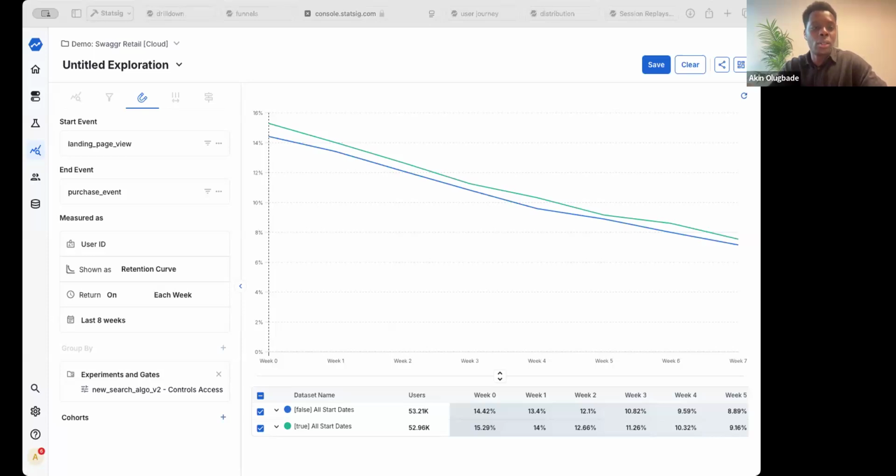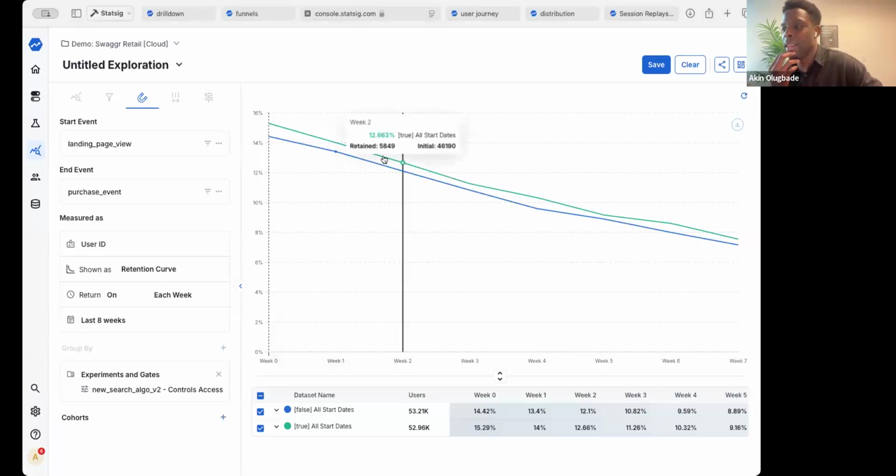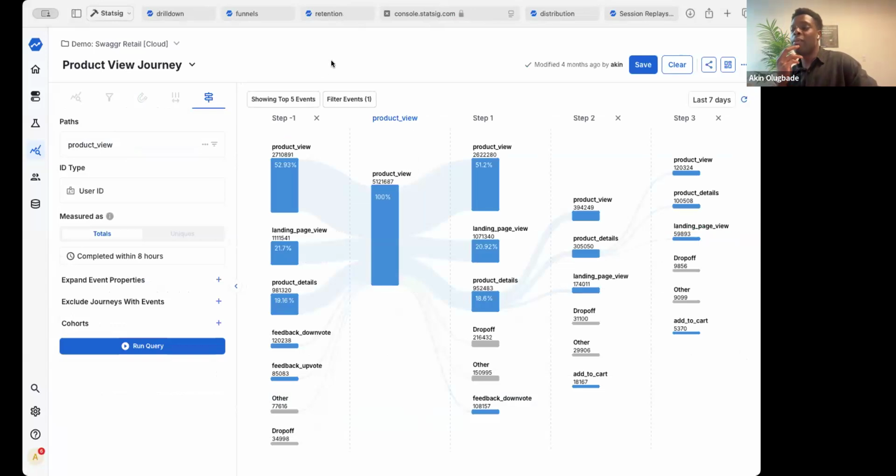We can see here the different retention people have from landing on the site to actually doing a purchase event. And then there are more open-ended questions that we often have, right? Very often you don't have key workflows defined yet, like you would need for a funnel.